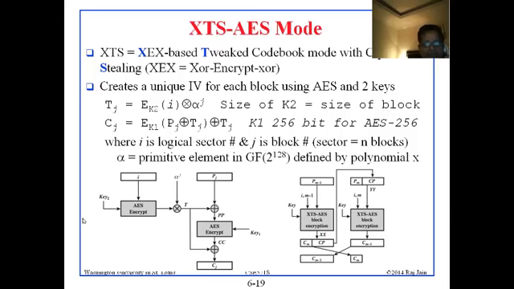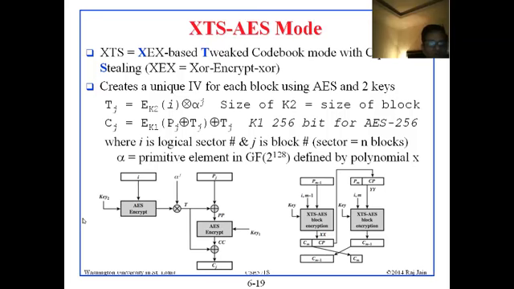Alright? Now this is mathematical in the sense that alpha is a polynomial. And alpha raised to j is computed in Galois field 2 raised to 128. Okay, we saw examples of the 2 raised to 8 Galois field in our previous chapter. Here it is 2 raised to 128. So the power of the polynomial could be all the way up to 2 raised to 127 or so.